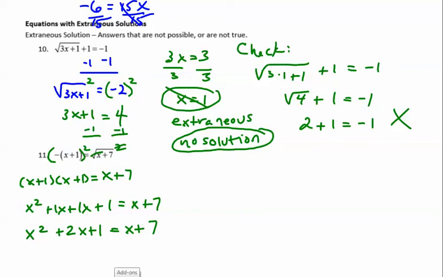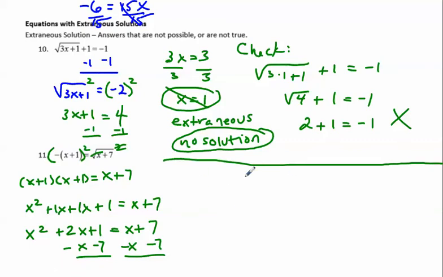And now when you solve a quadratic, you need to make one side 0. So subtract x and subtract 7 so that your right side will be 0. So I'm going to bring it over here now. I have x squared. 2x minus x is x. 1 minus 7 is negative 6.